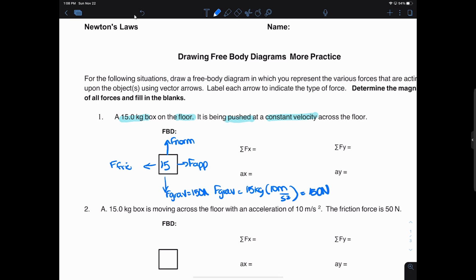We know that these are all zero because it's constant velocity. We don't know anything about this applied force, but we do know that they're going to be equal. So we know that F applied equals F friction because it's constant velocity.